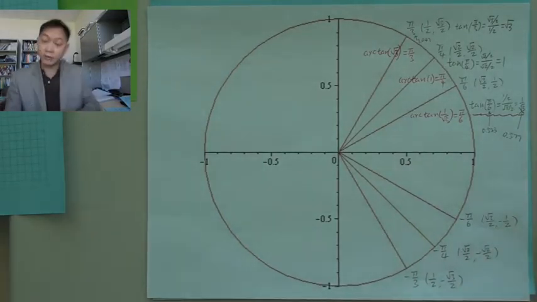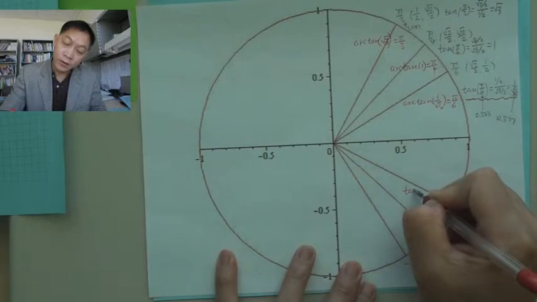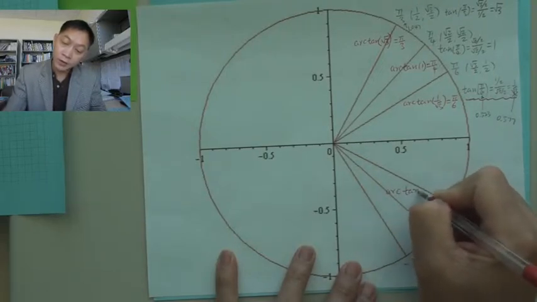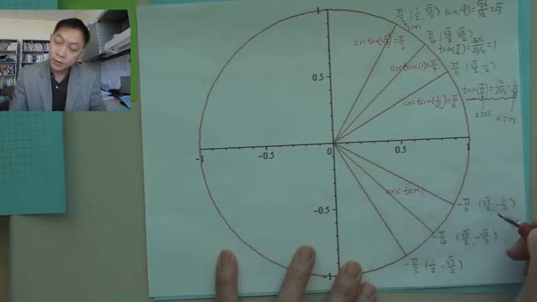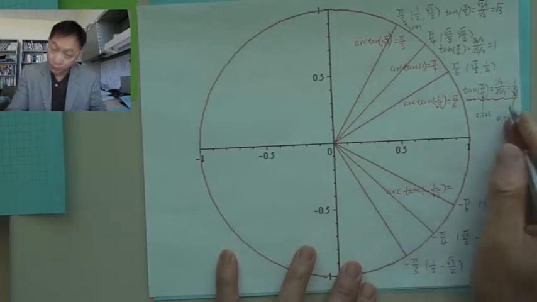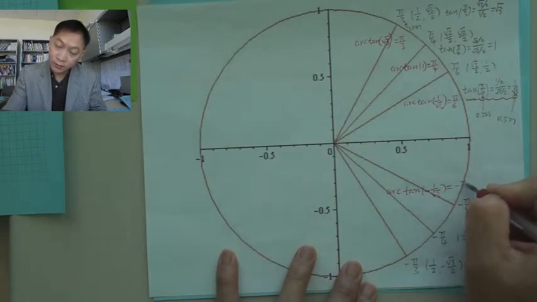So is the case for negative values. You may write arctan of negative 1 over radical 3. Here is positive, so you got positive angle. Here is negative angle.